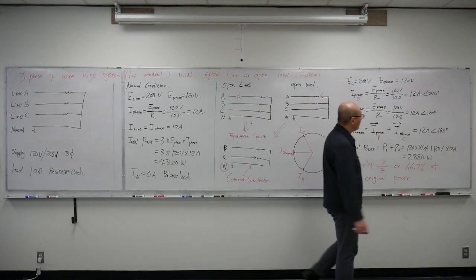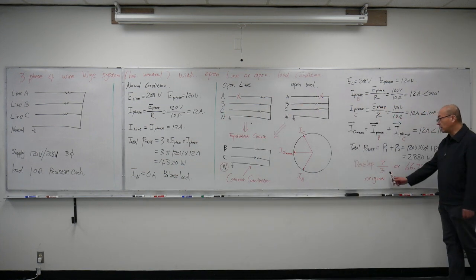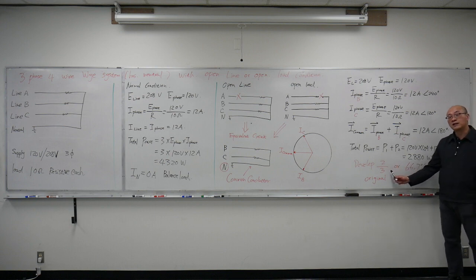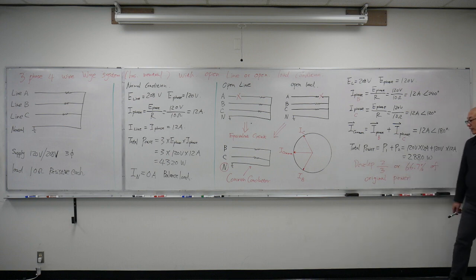We can see that because we only have two loads working, they develop about 2/3 of the original power, or 66.7% of the original power. If you remember last lesson, in a single phase situation we only had 50% power, but when we have the neutral down there, we will have 2/3, or 66.7%, of the power.